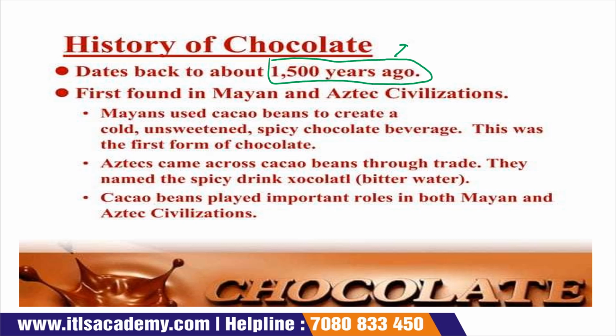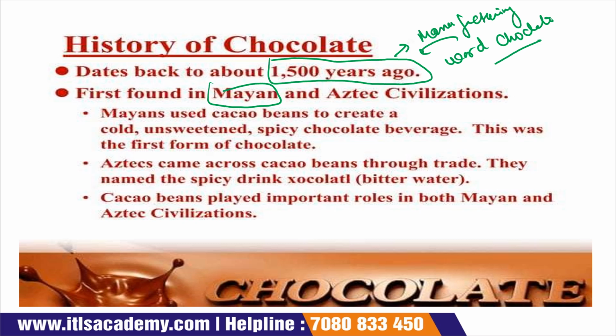The manufacturing of chocolate, or the word chocolate, is derived from 1500 years ago. It was first found by the Mayan and Aztec civilizations. Where was chocolate first found? It was found in the Mayan and Aztec civilizations.